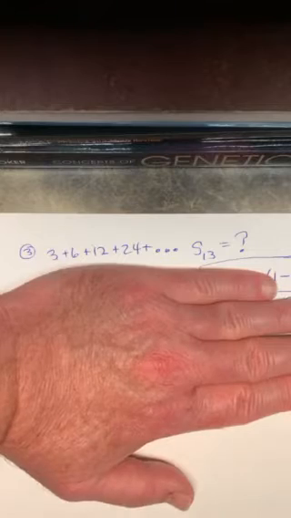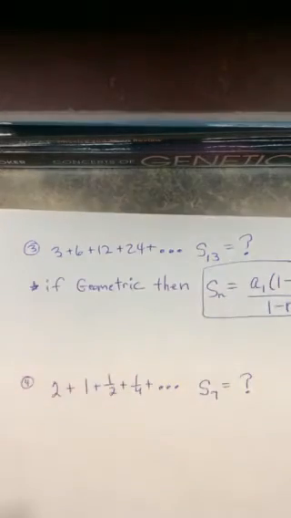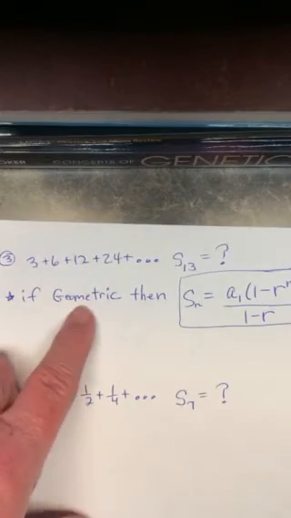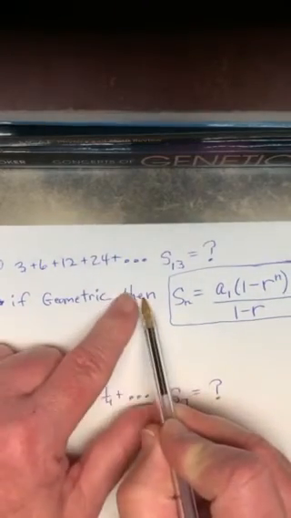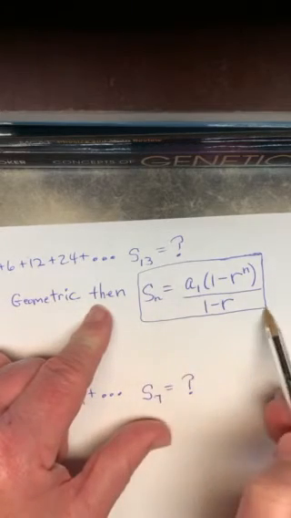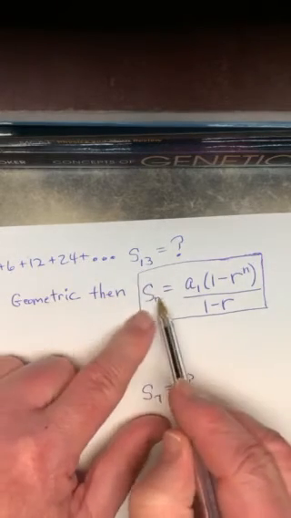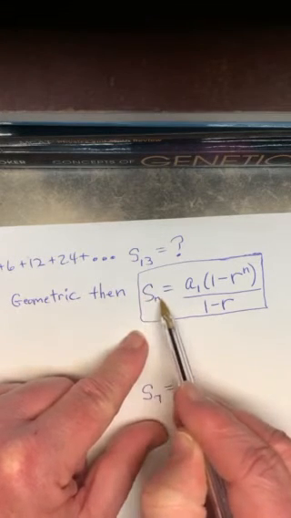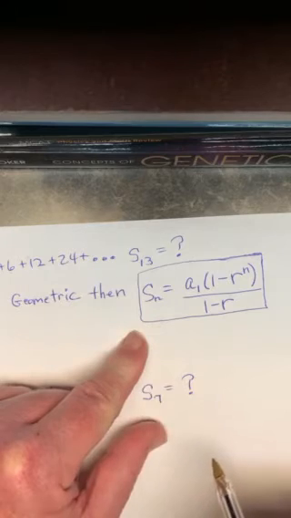Before I attack and solve the problem, you better put a star and write, if my series is geometric, then, okay, here's the second important formula of the day. Put this in a big box. This is the formula I use to find the sum of the first n numbers of a geometric series.